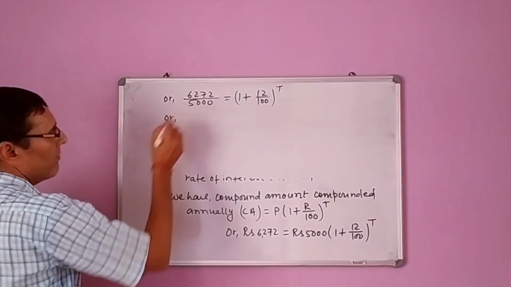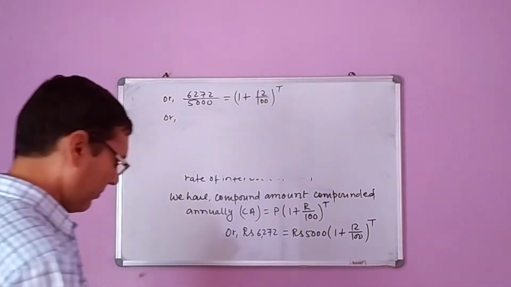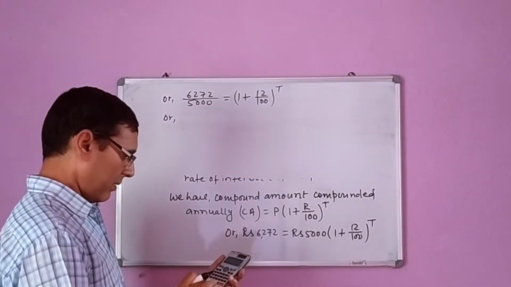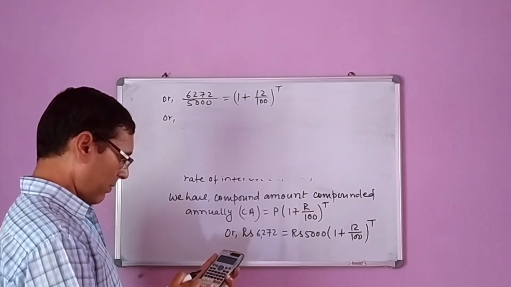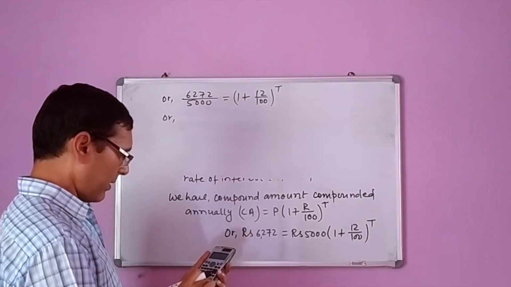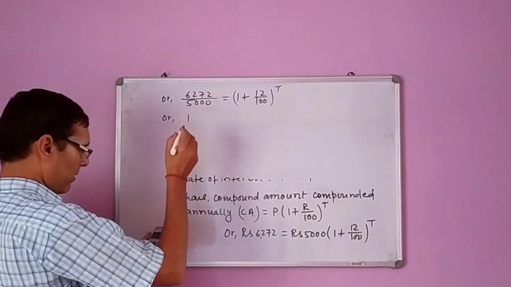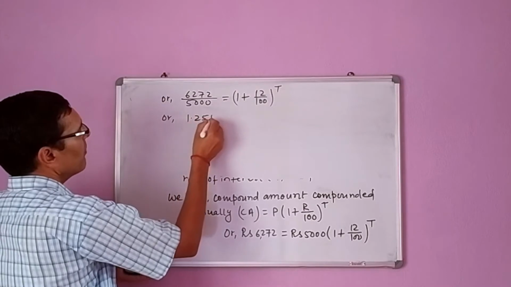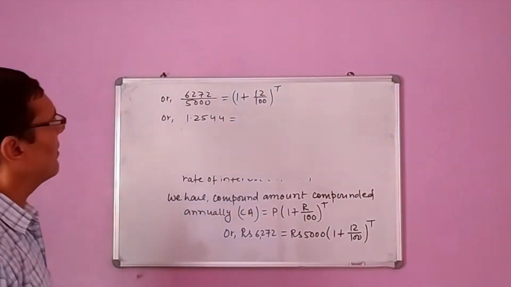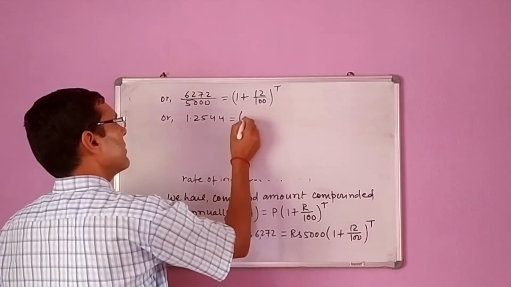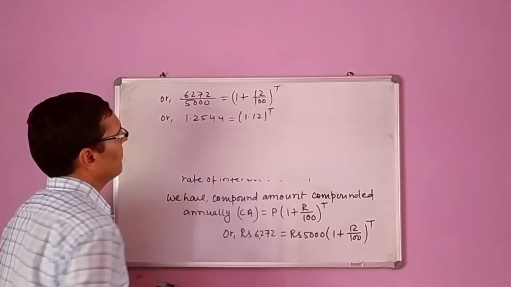Now when we divide this, we get 6,272 divided by 5,000. In decimal we get this as 1.2544. Similarly on the right hand side it is 1.12 to the power T.